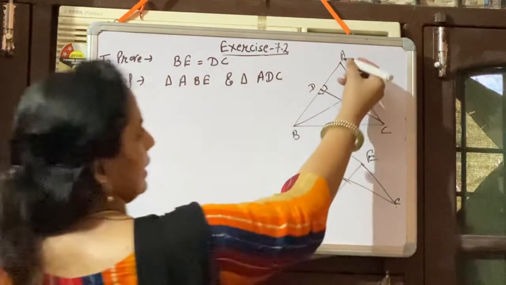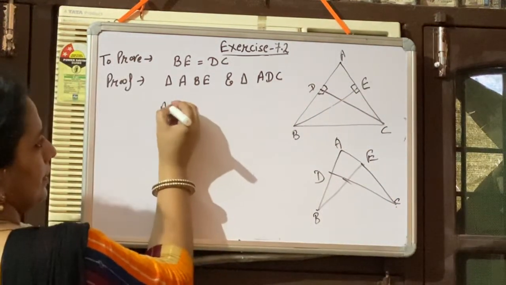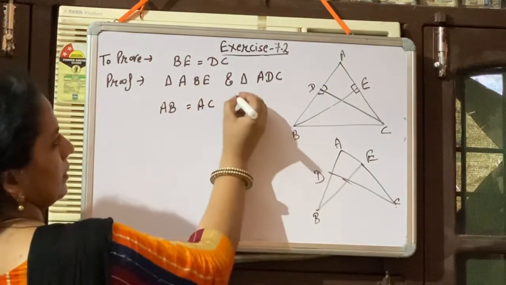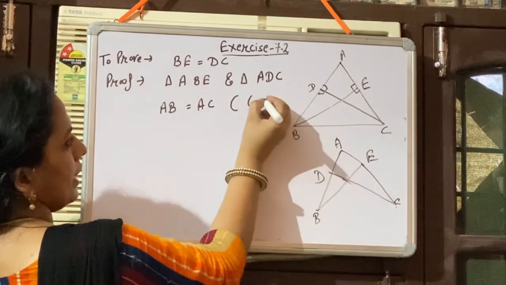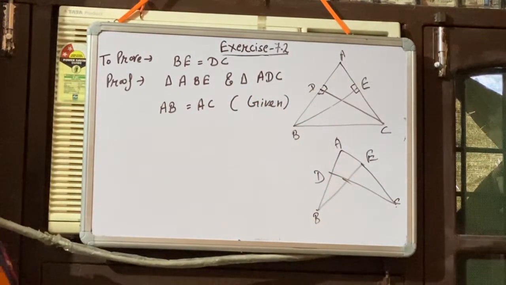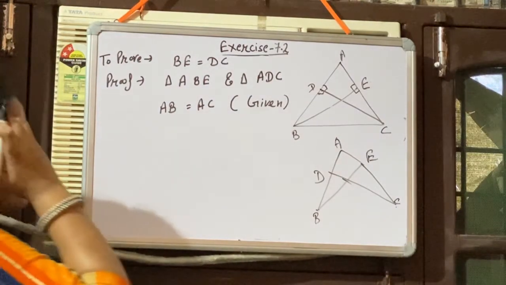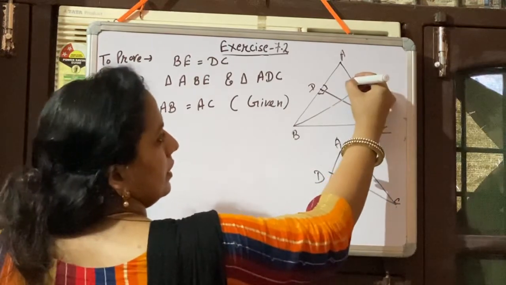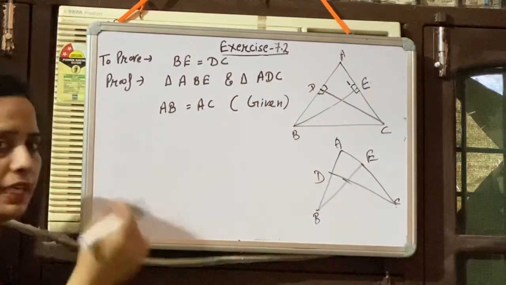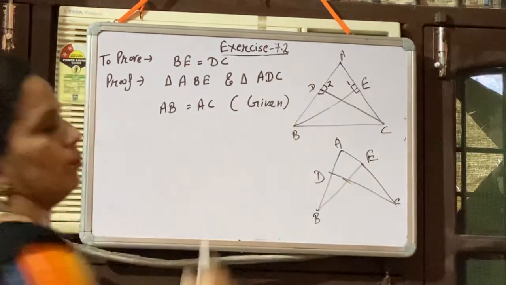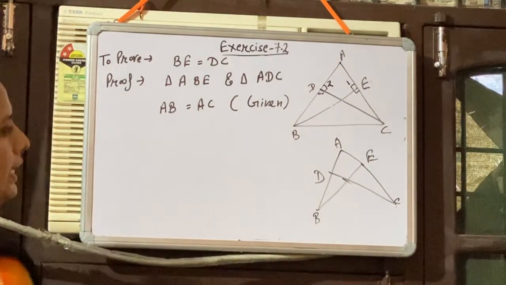So we can say that side AB is equal to side AC. For the reason you can write given, or you can say that ABC is an isosceles triangle. Next, in these triangles, if you don't want to write the complete name, you can mark here angle 1 and angle 2. Both of the angles are equal to 90 degrees.